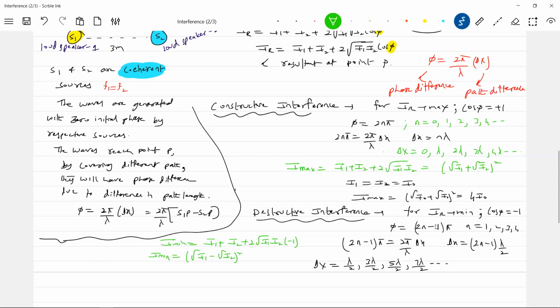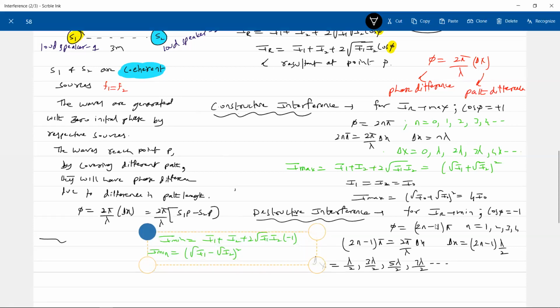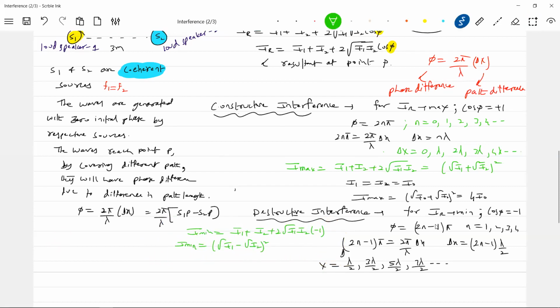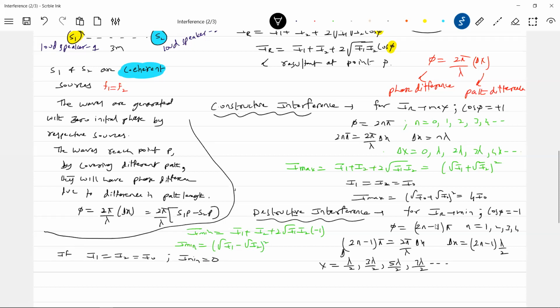If I1 equals I2, let it be I naught, then what is the minimum intensity? It will be 0.